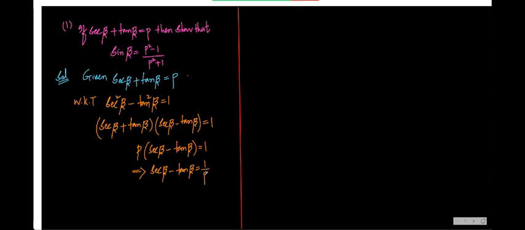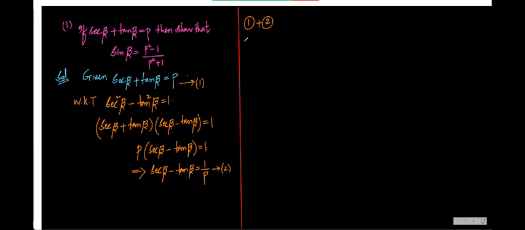Take this as equation number 1 and this one as the second equation. So we have to solve in two cases. In case 1 we add these two, and in the second case we subtract.